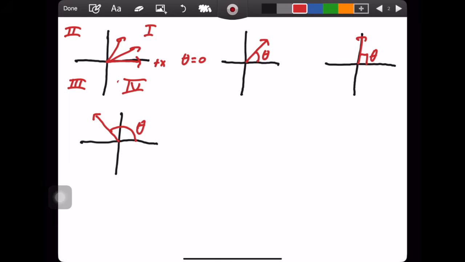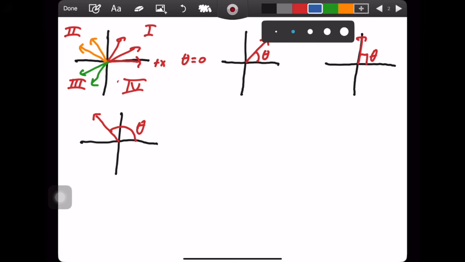In all of those cases, you can imagine that it has a positive x component and a positive y component. In quadrant number 2, you can imagine different vectors. It's going to have a positive y component, but a negative x component. Vectors here in the third quadrant are going to have both a negative x component and a negative y component. And in this quadrant right here, they're going to have a negative y component and a positive x component.